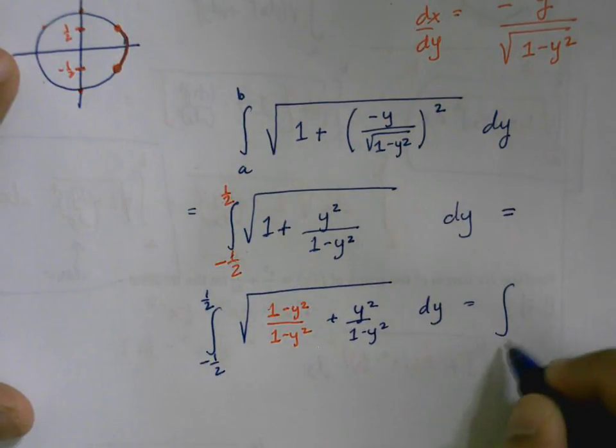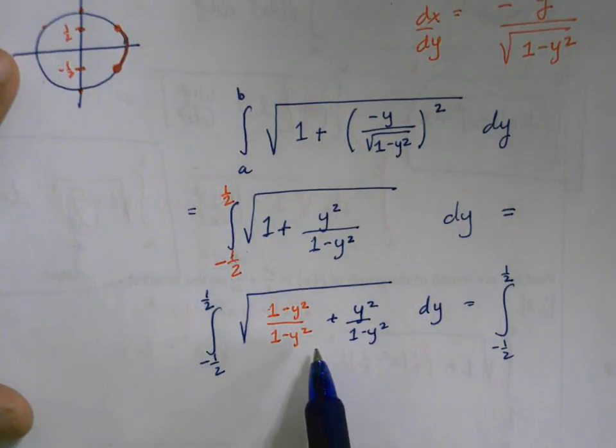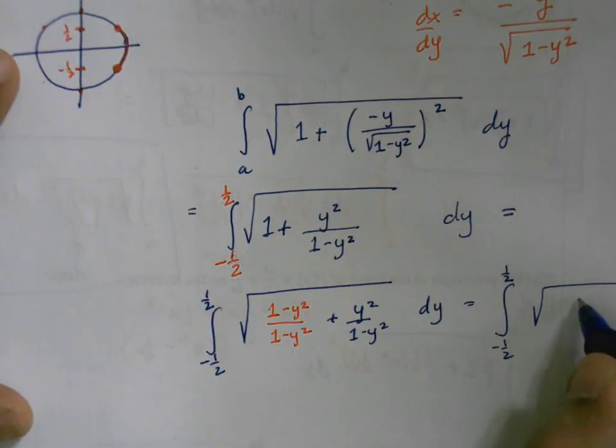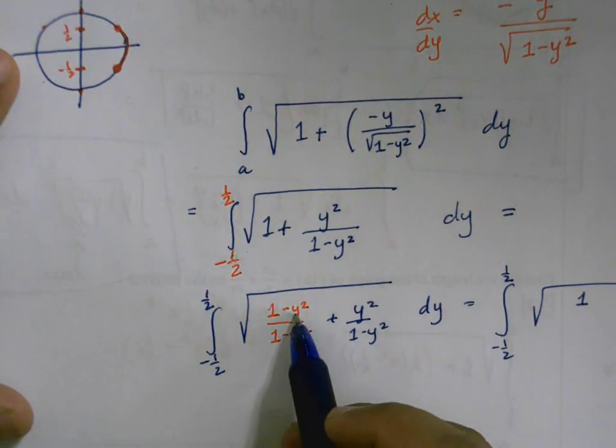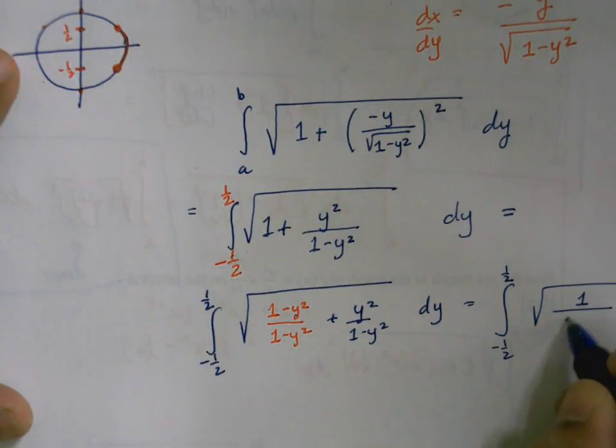which is equal to the antiderivative from negative half to positive half. And you can see that I can combine these two fractions, and I will get the square root of 1, because the negative y squared and the positive y squared will cancel. And in the denominator, I get 1 minus y squared dy.